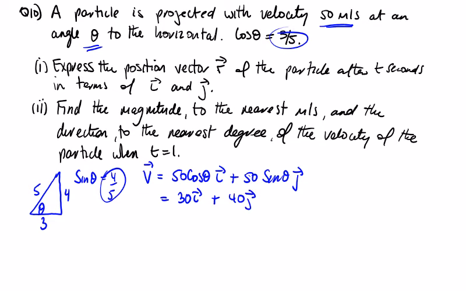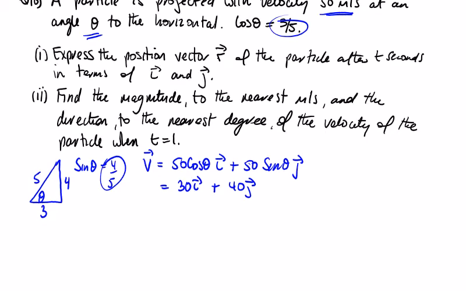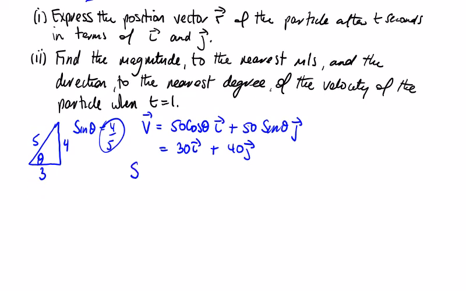So the position vector, what I need is, where is this after t seconds? So my position of x is equal to ut, which is 30t, and my position of y is equal to 40t, ut plus a half at squared, 40t minus 4.9t squared, depending on t.